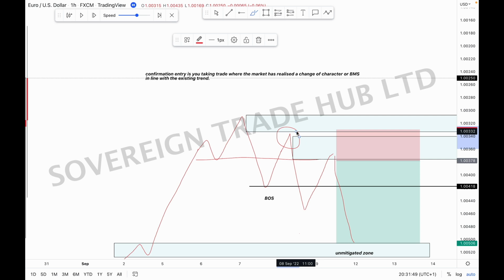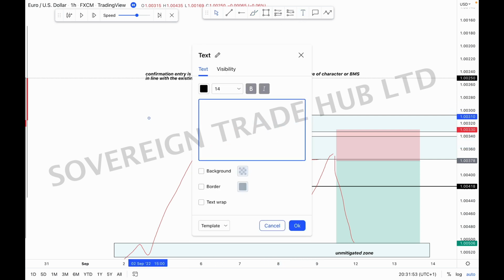Now, for you to be on the safer side, take note of this. For a change of character or a break in market structure to be considered valid, let's put it this way.